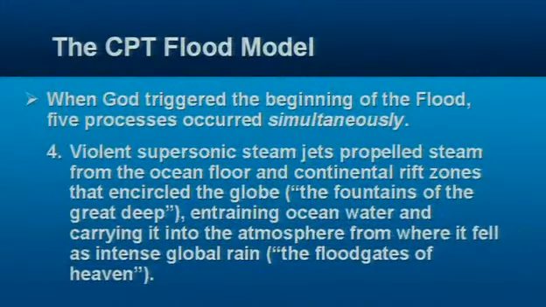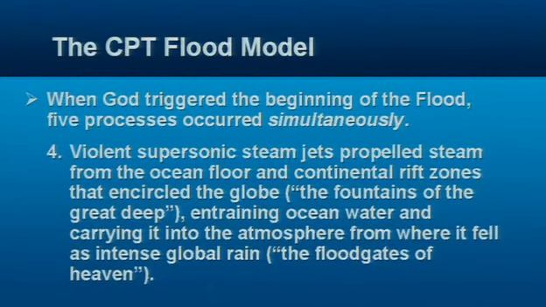The fourth one is violent supersonic steam jets propelled by steam from the ocean floor and continental rift zones that encircle the globe. What happens? You break open, you do the rifting, hot rock comes up, hot rock is going to interact with the cold ocean water.